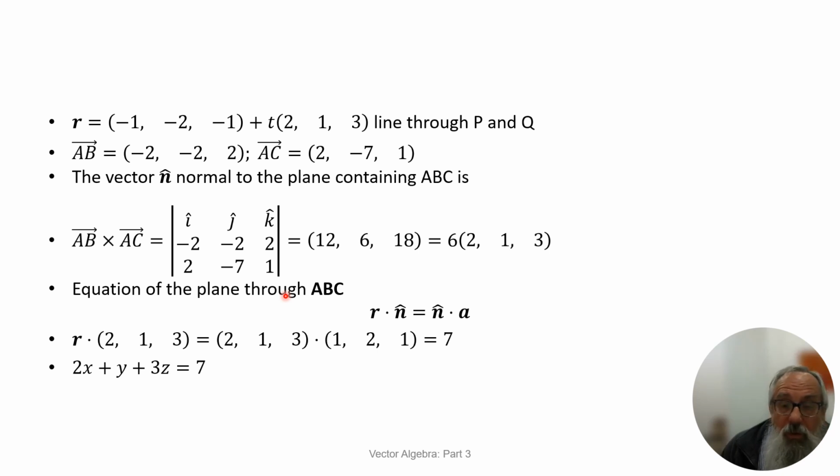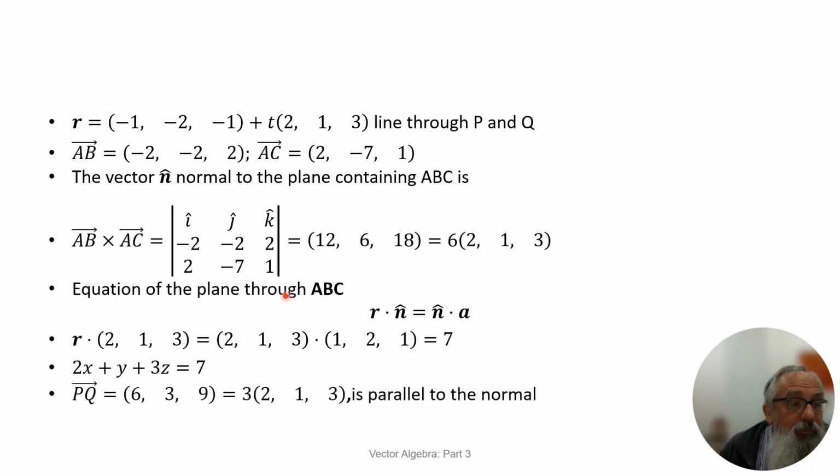So there's the equation of the plane again, going through the three points A, B, C. This vector is parallel to the normal. I've simplified that.